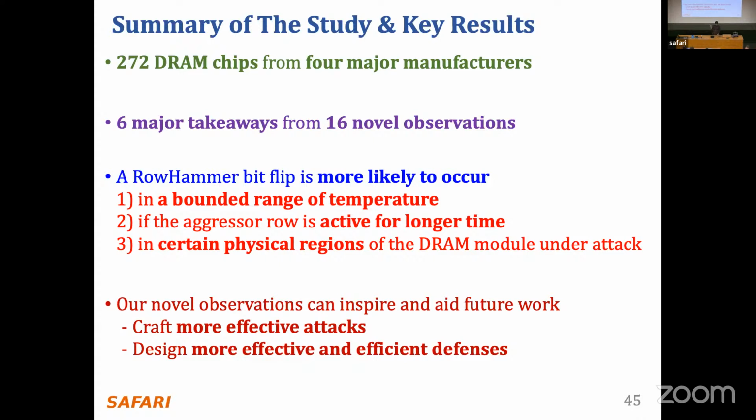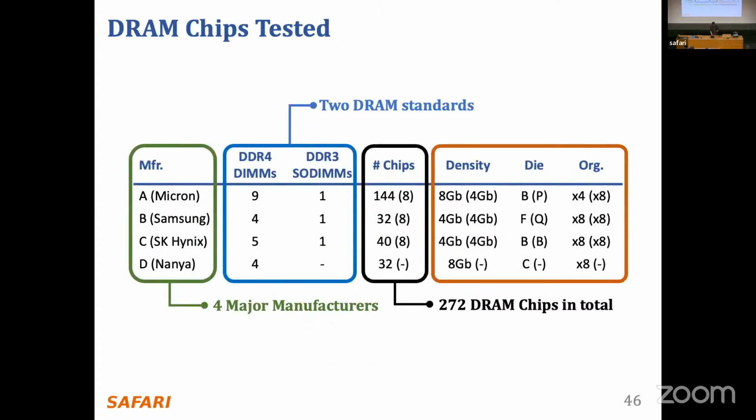Based on these observations, the paper gives some insights and directions on how people can both craft more effective attacks and design more effective and efficient mitigation mechanisms. So let's take a deeper look at these results.